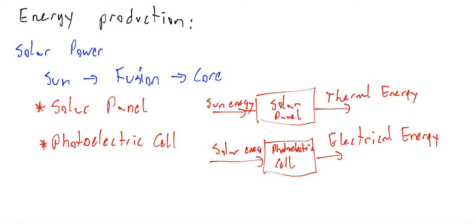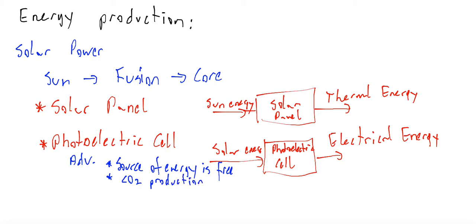Is it clear? Okay, what are the advantages and disadvantages of solar energy? First, the biggest advantage, the source of energy is free. There is no fuel cost. Okay? This is a huge advantage. Okay. Second, there is no CO2 production. We have no burning process. Okay?